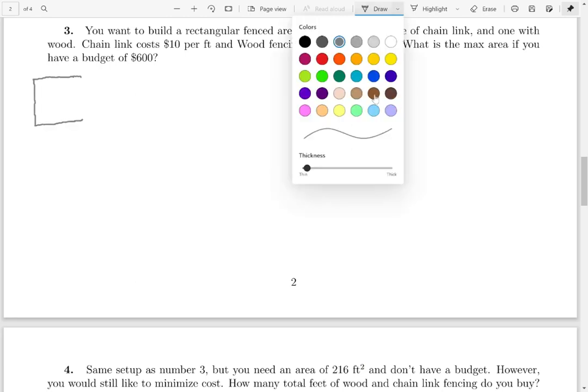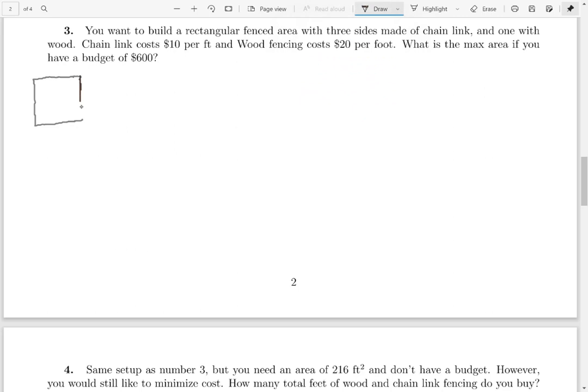And then wood is usually a brown color, so just for some contrast I'm going to do dark brown. It really is not distinguishable from black, but this is wood. This is chain link. And so all of this is chain link. Alright, so there's my sketch. This is what I got started.